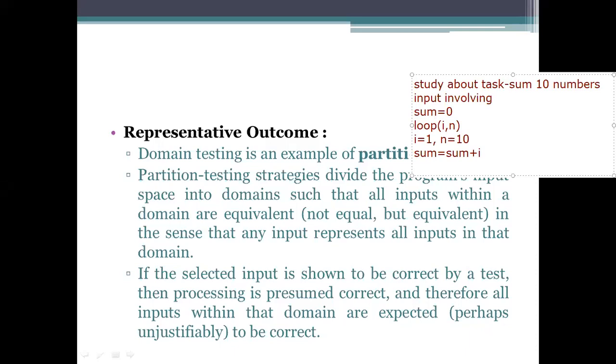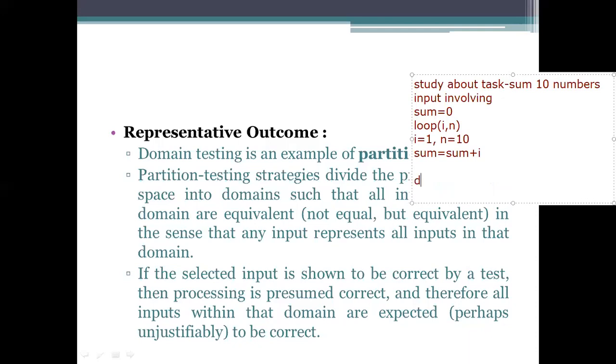Initially the sum value is 0, 0 plus 1, and then after incrementing, 1 plus 2, 2 plus 3, 4, like that it will execute. These are the inputs I am considering for the processing.